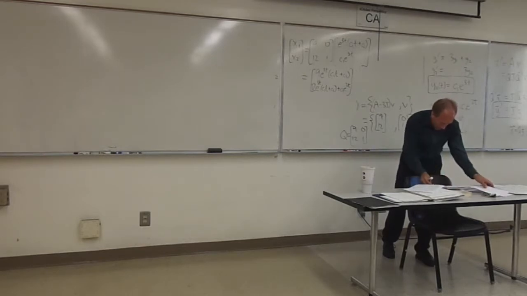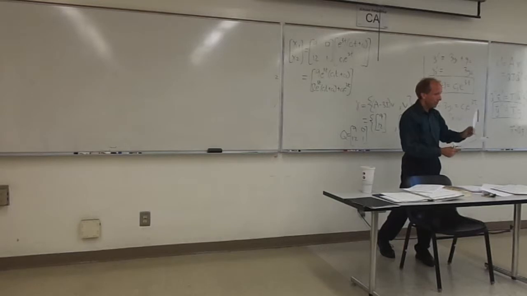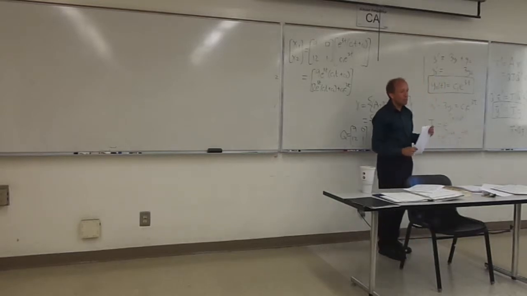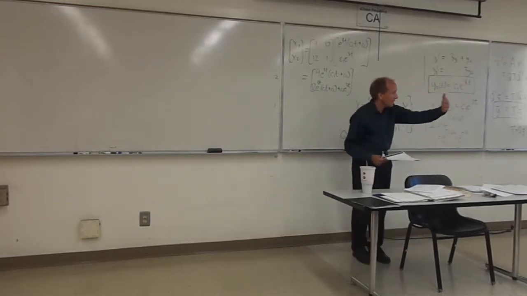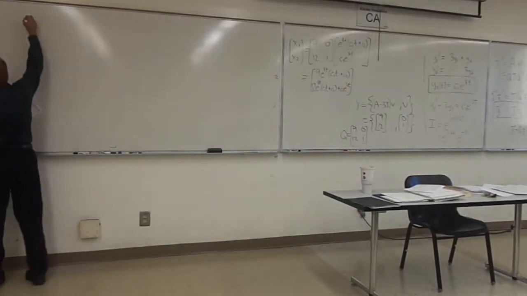I wanted to do a couple of really quick true false questions. Now, I'm not going to ask you true false on the test per se. I'll tell you if it's true or if it's false and ask you to give me a justification. But I want to run a couple of these by you.